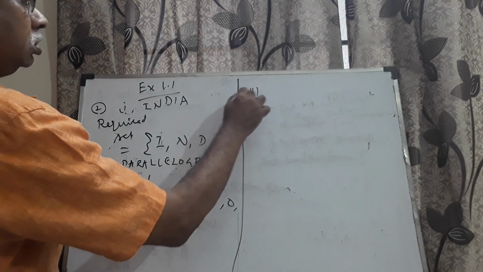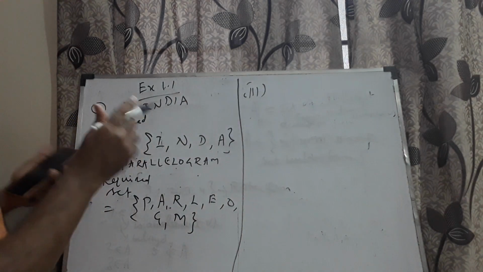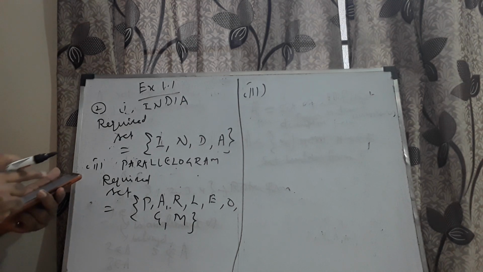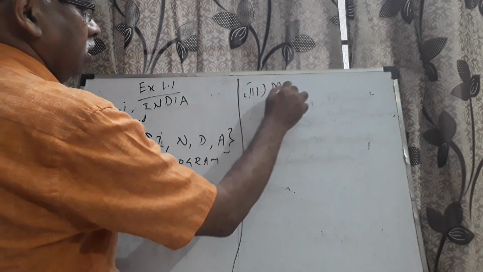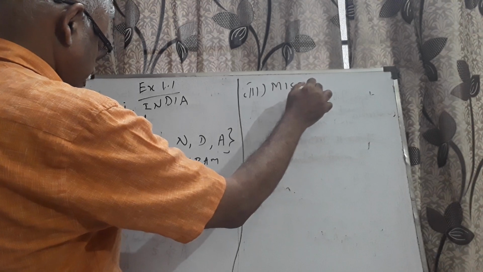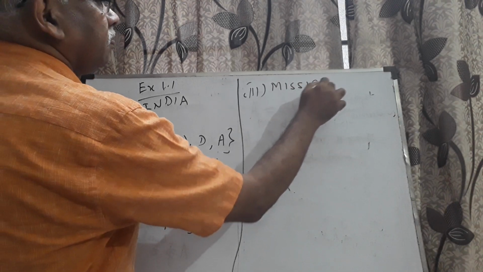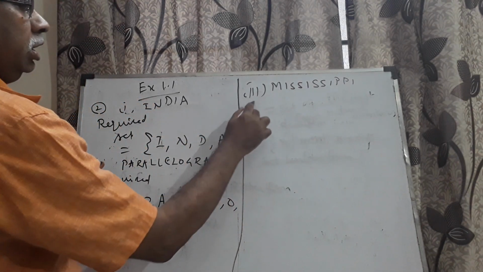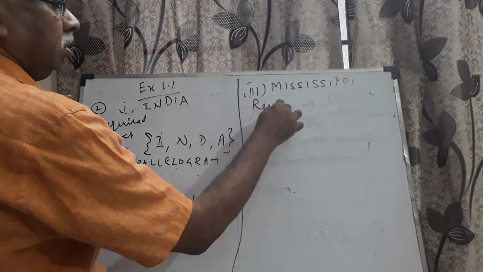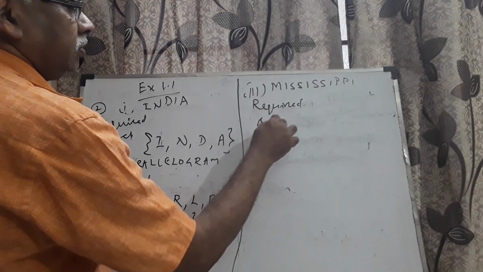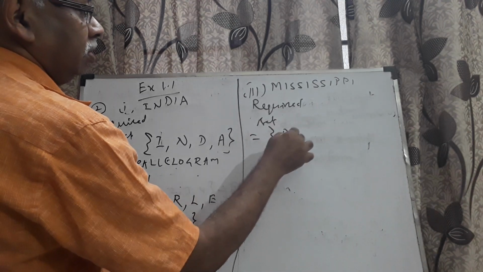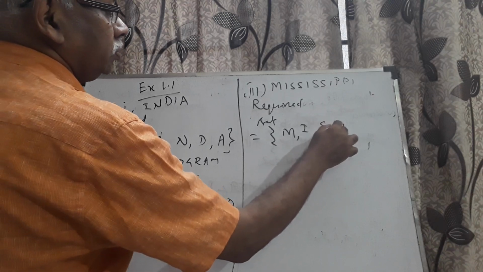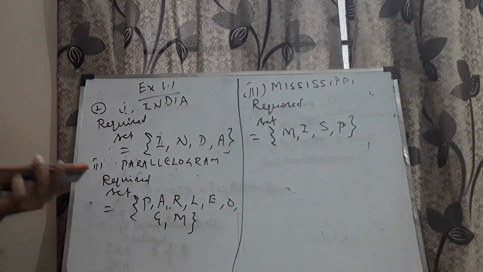For the third one, the word given here is Mississippi. The required set here will be M, I, S, P. The letters are repeated again and again.